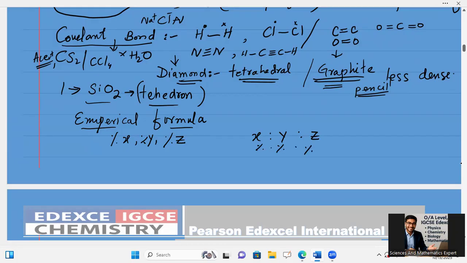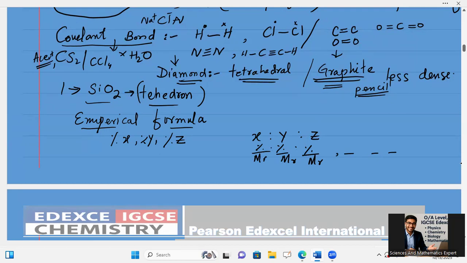And then we divide them by their Mr, by the Mr of X, Y, and Z respectively. Then we take the smallest value after taking the ratios. Then we divide all three by it and we find the simplest ratio between atoms. That is the way to find the empirical formula.